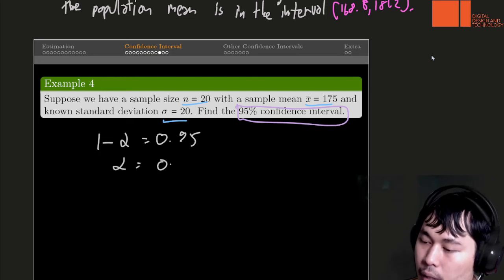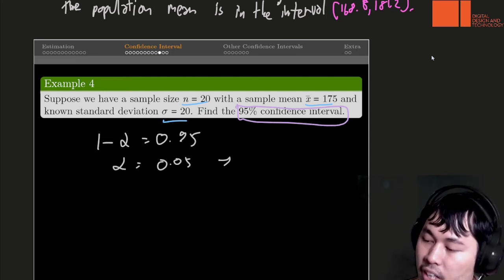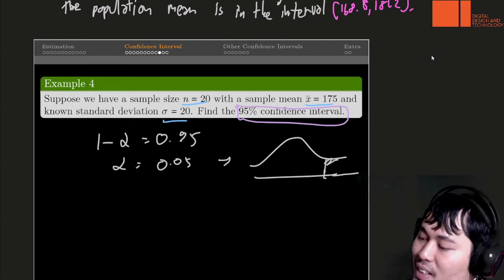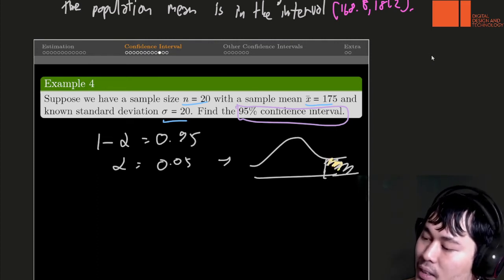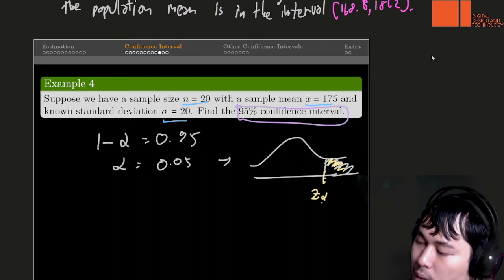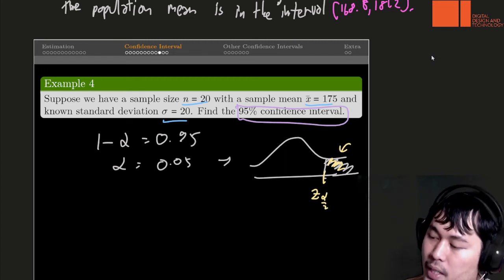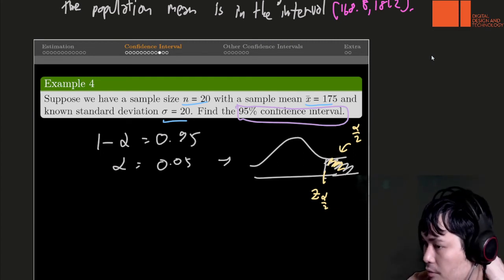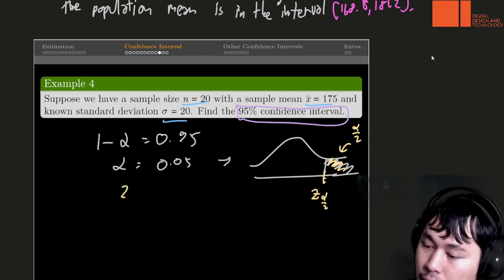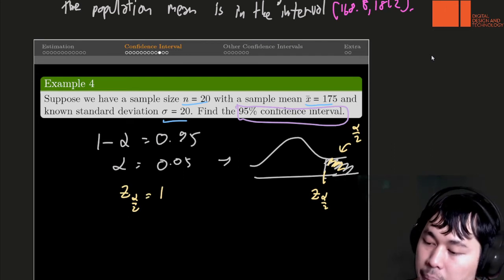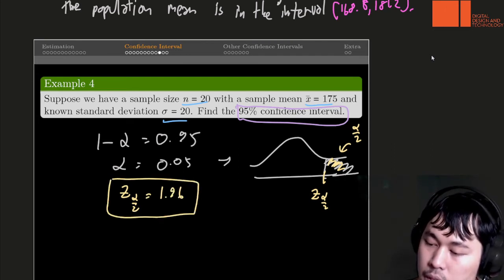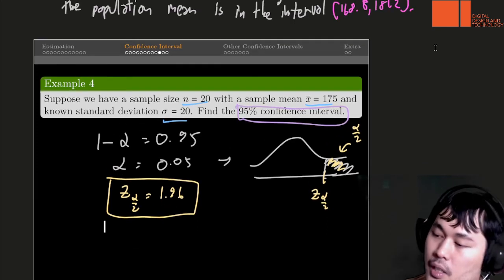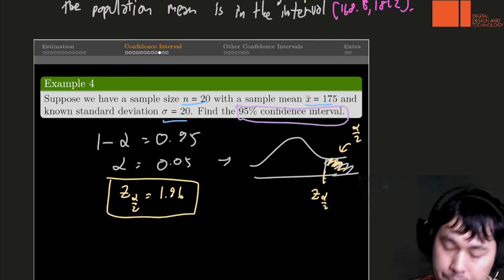So alpha is 0.05. We go back to the table, an app, or whatever you have, to find the point where the area is alpha over 2. You will see that this number is 1.96, which is the number we were given in the first place for a 95% confidence interval.